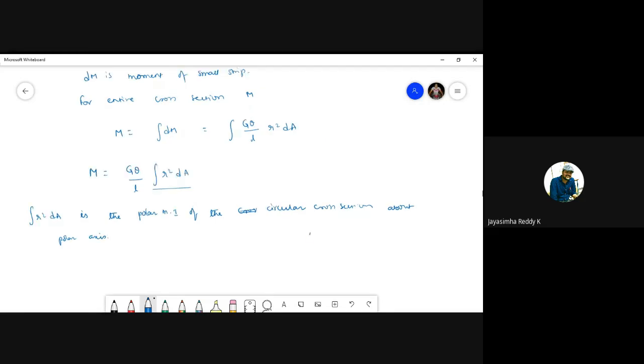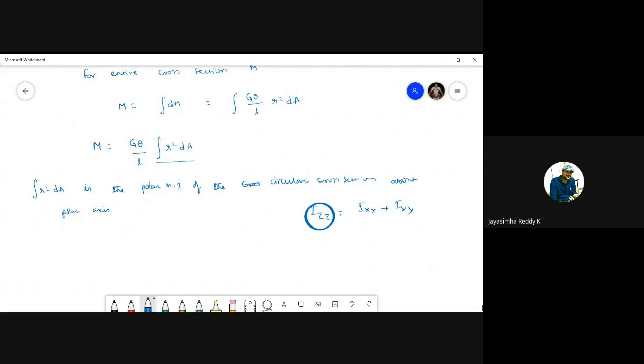Izz is equal to Ixx plus Iyy. So Izz is nothing but the polar moment of inertia. Integral of x square dA is nothing but Iyy. Integral of y square dA is nothing but Ixx.